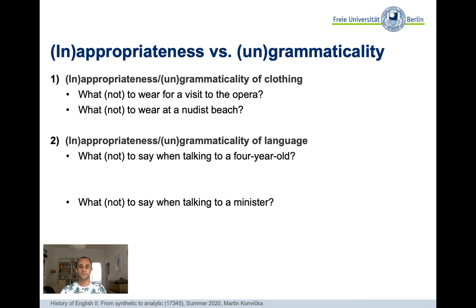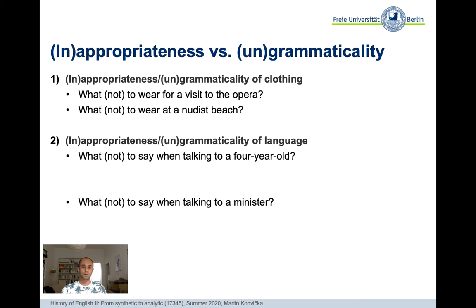The same way as it would be ungrammatical in fashion to, for example, try to wear a sock instead of a hat, or wear a T-shirt instead of your shoes. Things like that would be completely off, right?